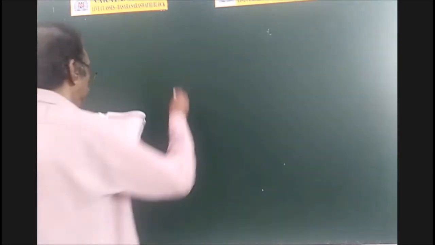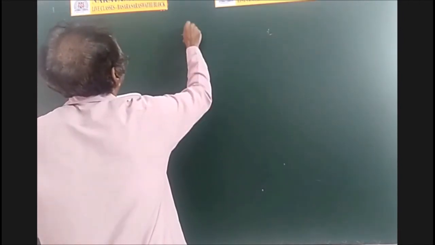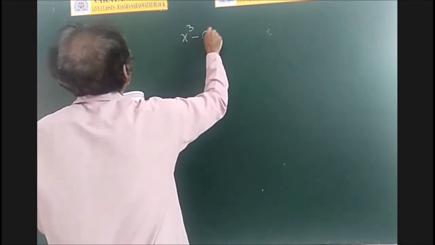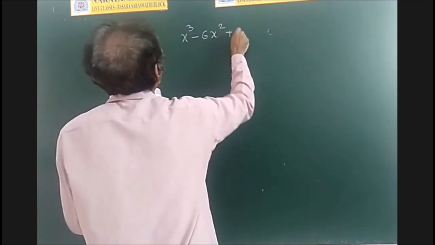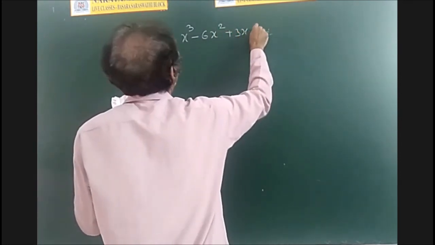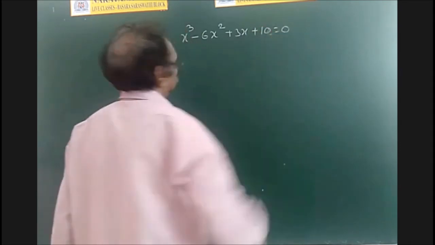Right. And see, now solving cubic equations. So write down: find the roots of the equation x cube minus 6x square plus 3x plus 10 is equal to 0.